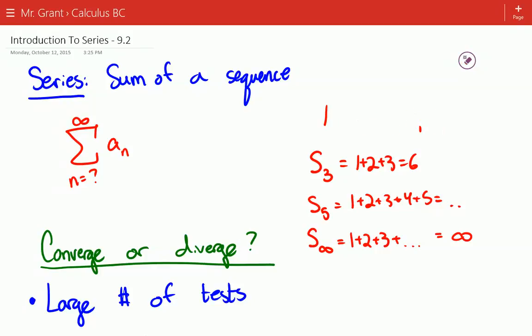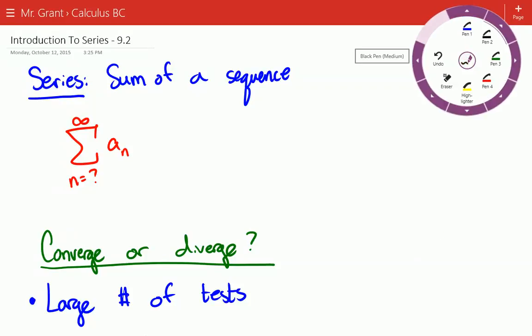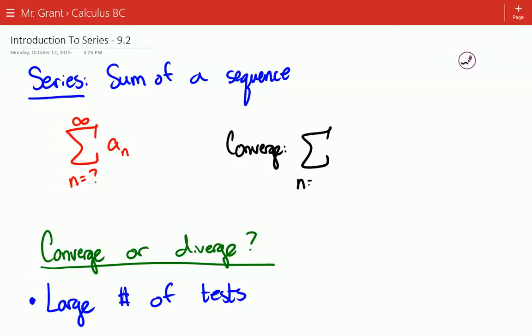Our goal for the next 4, 5, maybe even 6 sections is actually to see if these series converge or diverge. And we say that a series is going to converge if when you take the infinite sum, and the infinite sum can start at any number. It's very common to see n equals 1, just because that'll represent your first term, up to something infinitely large of a sequence.